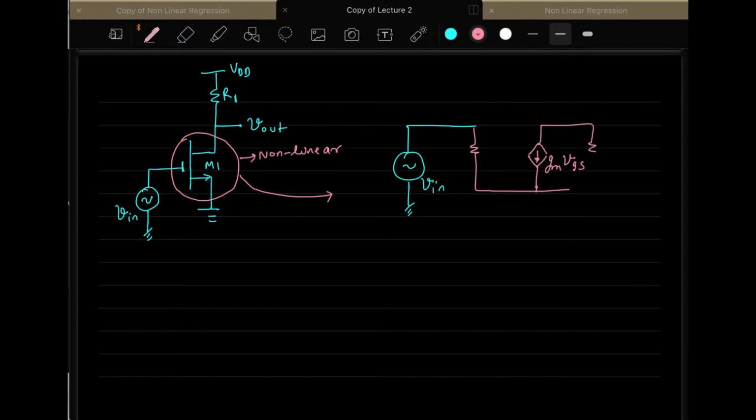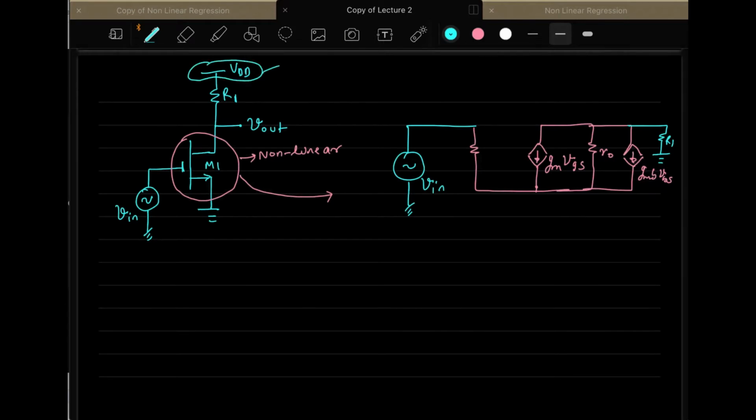So you have some resistance here, then you have a current source also, which we already discussed, gm VGS. So you replace it by a small signal equivalent so that you can do KCL and KVL, and then you attach the resistor R1 here, and note that this is ground now. Earlier this was VDD, but here it is ground.